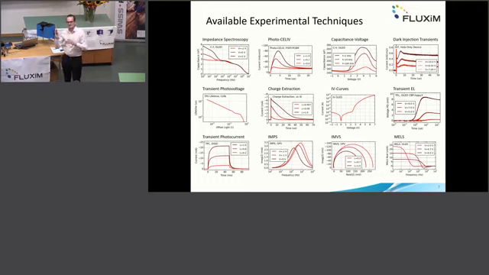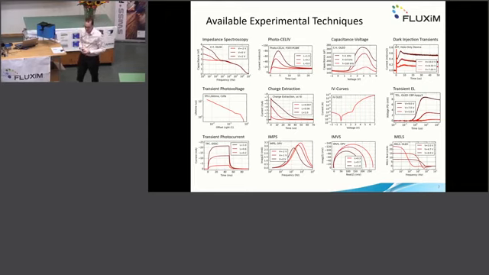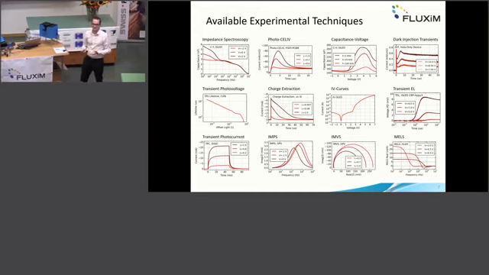What you do here is like impedance spectroscopy, but you do it with light instead of with voltage. So you have a light intensity, a certain offset, and then you modulate your light intensity with a certain frequency, and then you measure the current, and you take the ratio between the current and the light intensity, and you plot this over different frequencies.